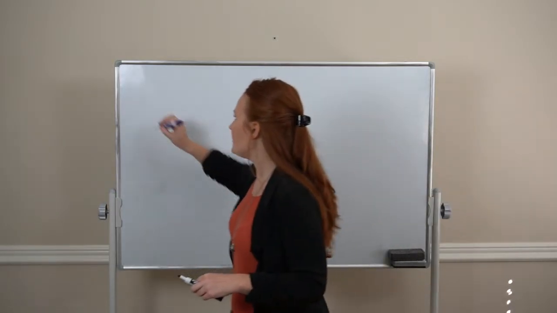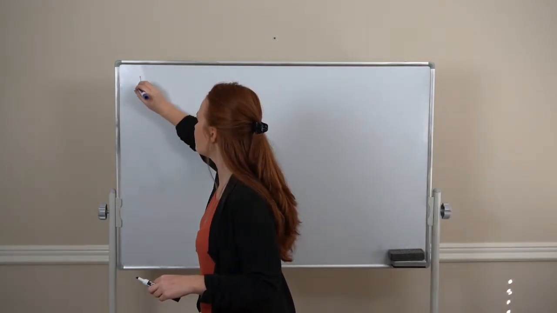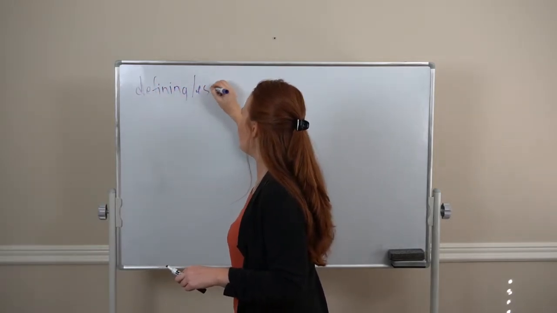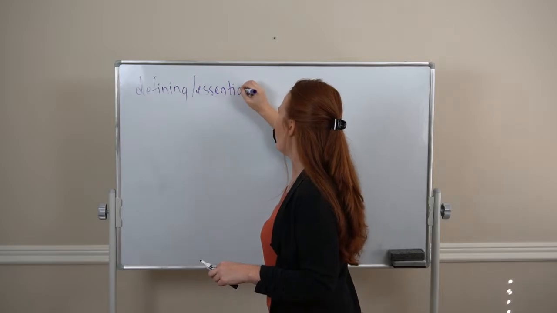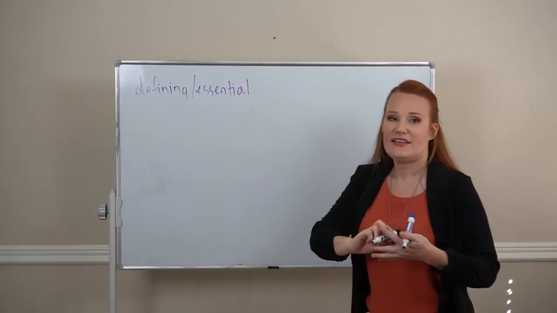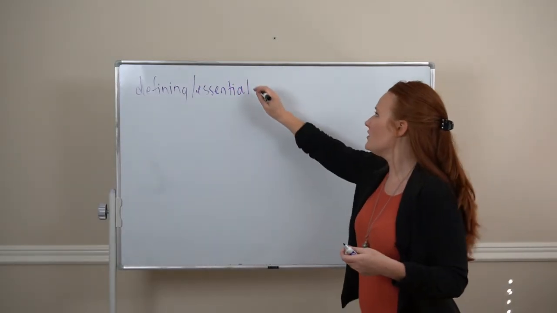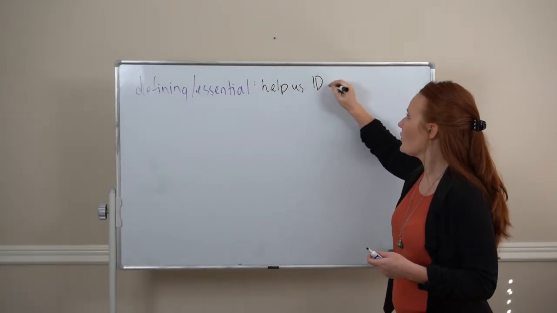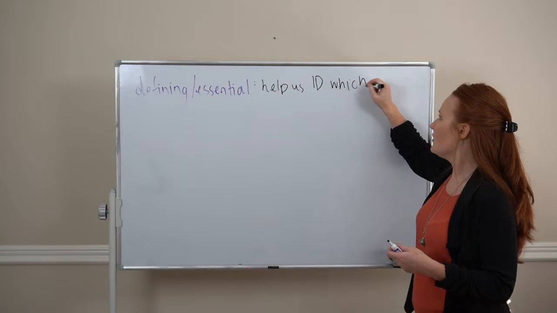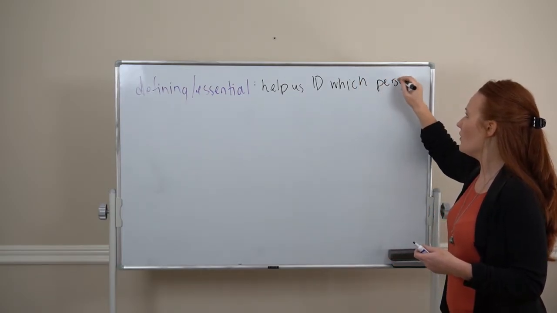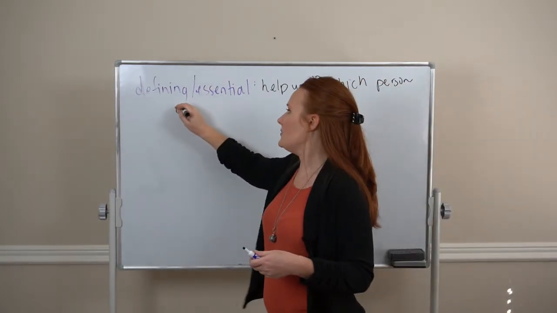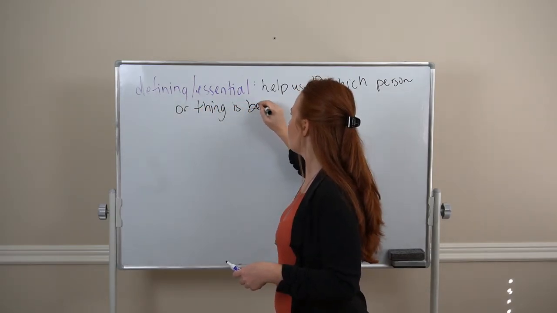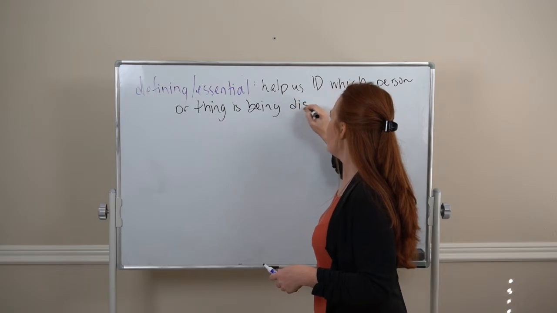The first kind is what we call defining or essential relative clauses. And these defining essential clauses help us identify which person or thing is being described or is being discussed.